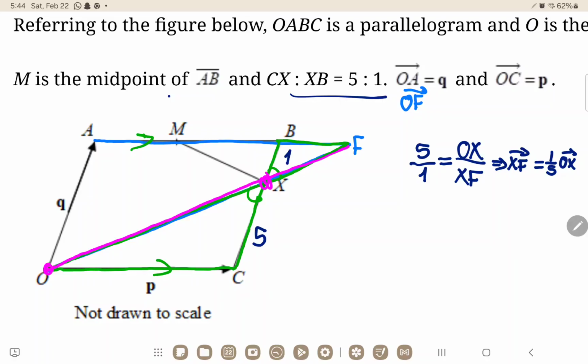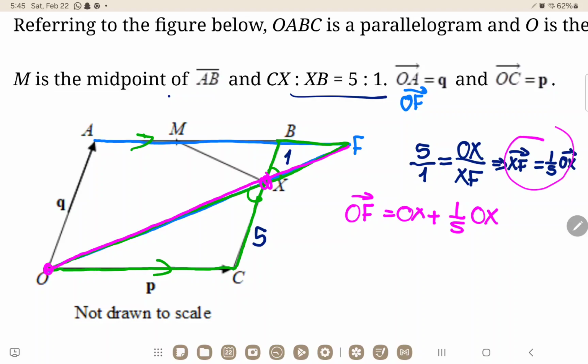Perfect. We found OX in the last part, and we have XF now. So OF is equal to OX plus XF, which we found to be 1 over 5 of OX.